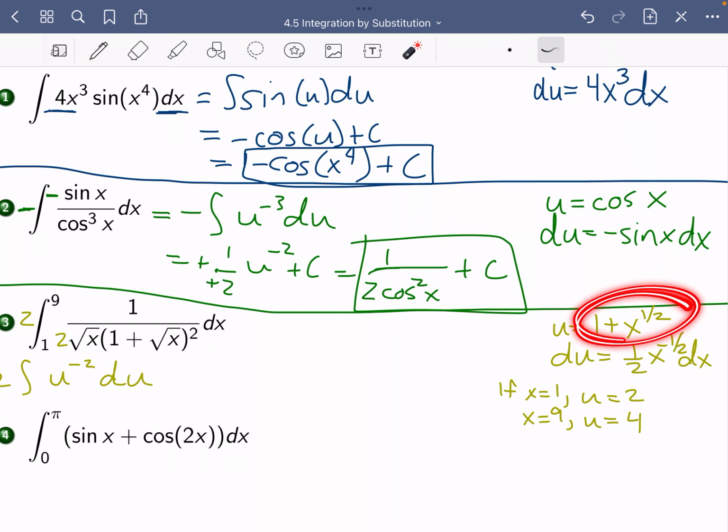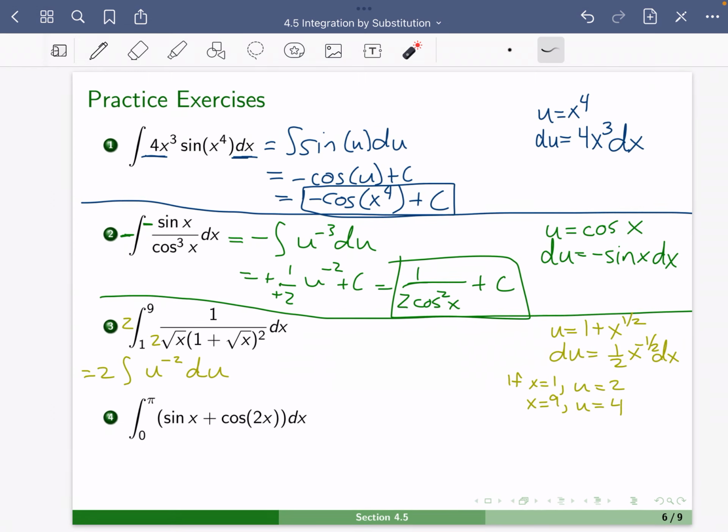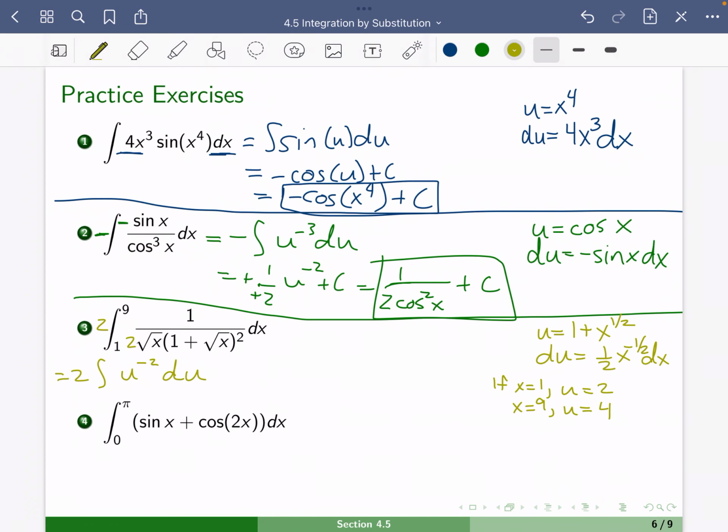So I'm just plugging 1 and 9 in for x right up here. And so 1 plus the square root of 1 gave us 2. 1 plus the square root of 9 gave us 4. And so I'll change the limits of integration: the 1 becomes the 2, the 9 becomes the 4.